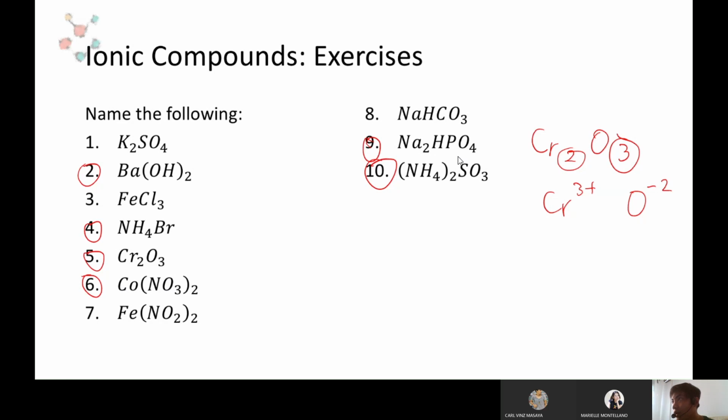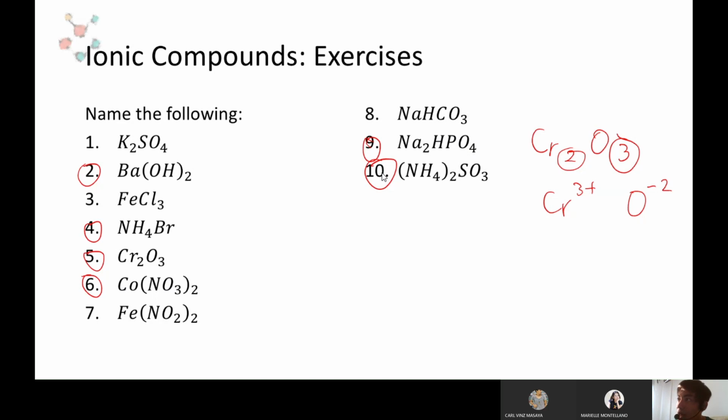Ano pa? Number 9, Na. Ang pangalan ng Na ay sodium. HPO4, ang pangalan niyan ay hydrogen phosphate o kaya biphosphate. So for number 9, the name is sodium biphosphate or sodium hydrogen phosphate.